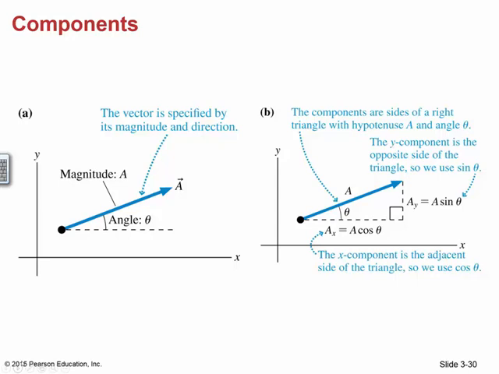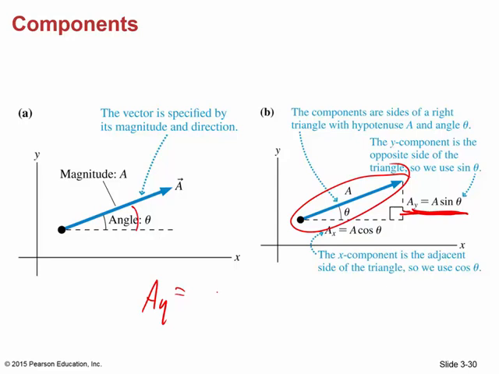So, let's look at this. The vector is specified, of course, by the magnitude and direction. Here's your magnitude, and there's your direction right there. So how do we determine the components? Look, how do I find the y component of this vector? Well, I use this formula right here.